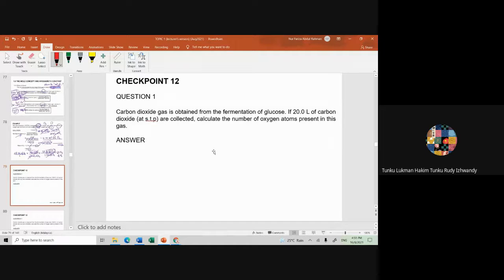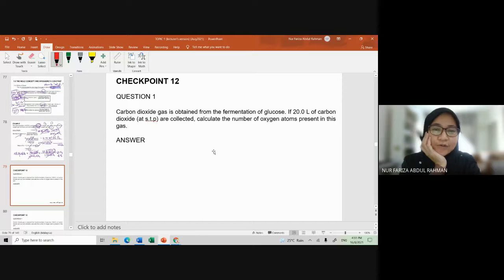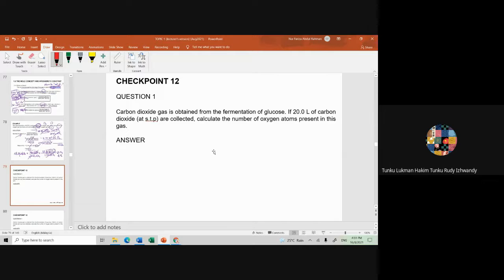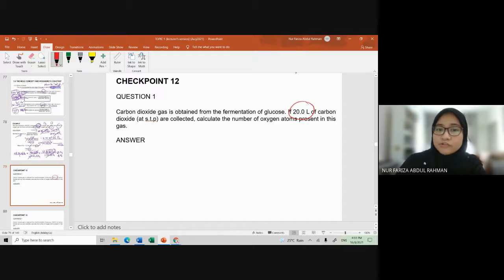Madam, how many decimal places? It depends on what the final operation is based on. Final operation is multiplication, so it should be based on significant figures. So we look at the values that we have. We have 20 liters. What else?